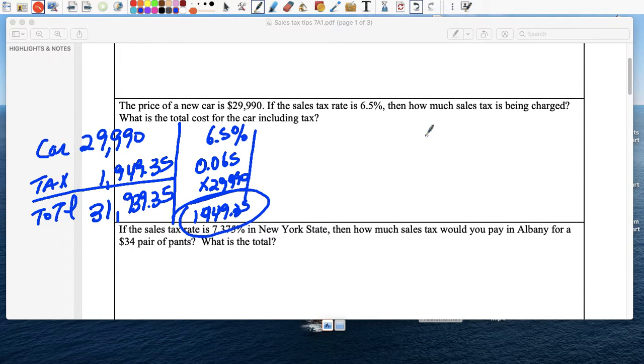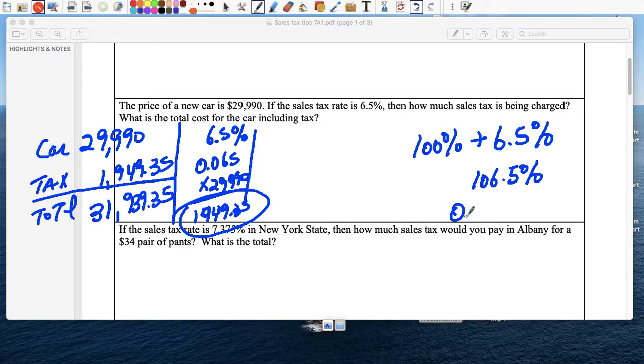then you just give me a total. So again, remember, we're paying for 100% of the car, plus how much? We're going to add on to that 6.5%. So that becomes 106.5%. Now, change that to a decimal, move that 2 over, and it becomes 0.1065.